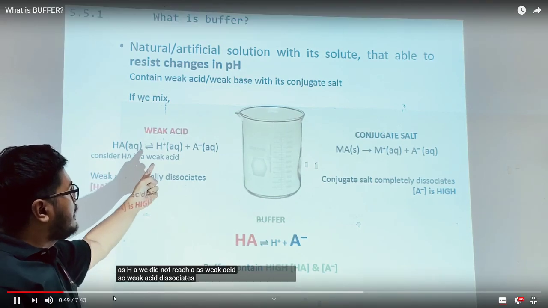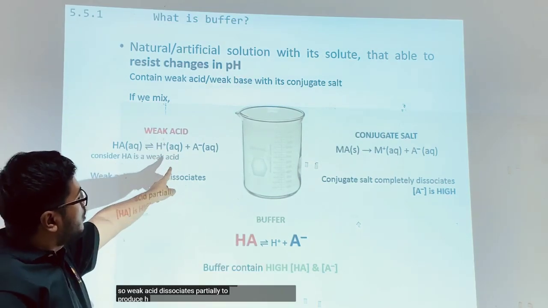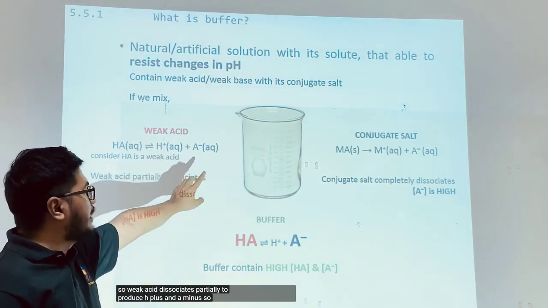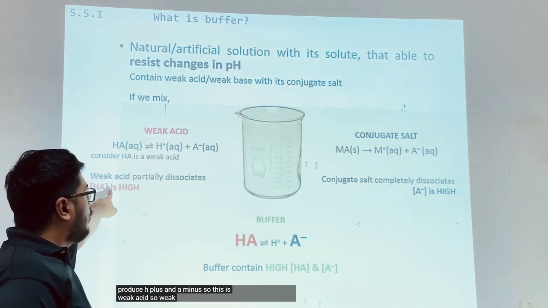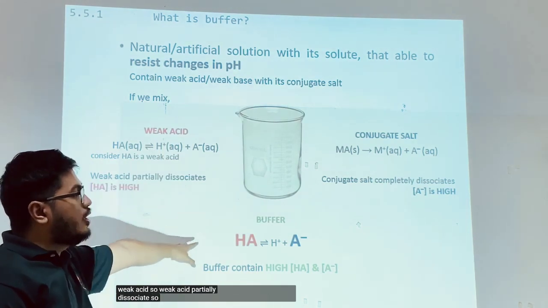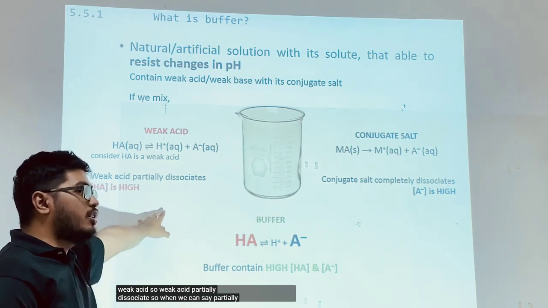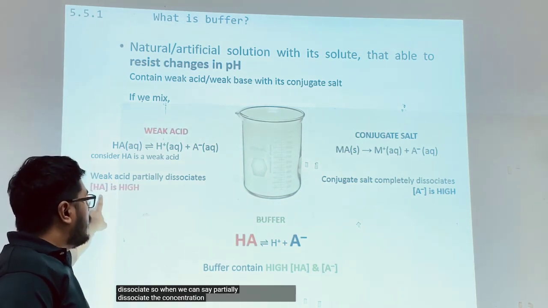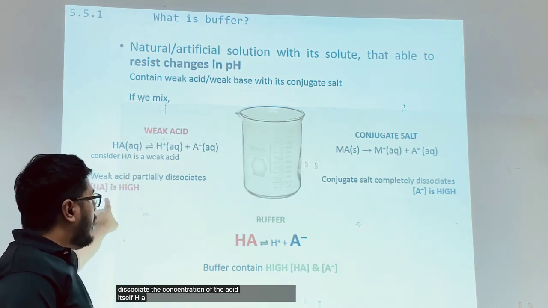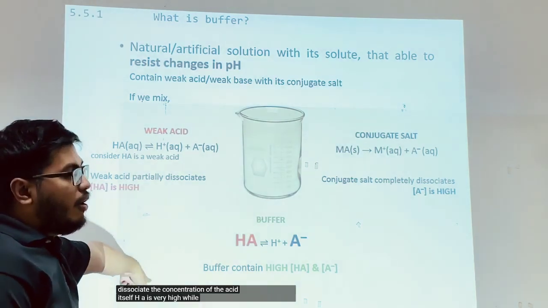Okay. Weak acid dissociates partially to produce H plus and A minus. So this is weak acid, and weak acid partially dissociates. When weak acid partially dissociates, the concentration of the acid itself, HA, is very high. Why?